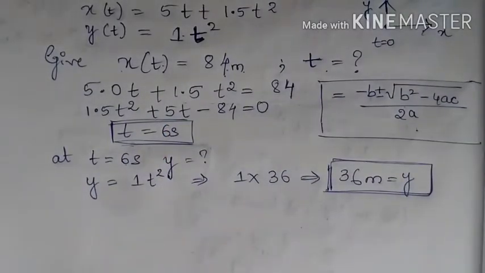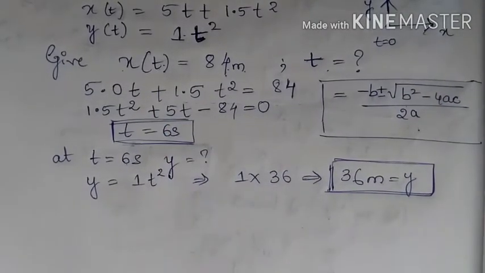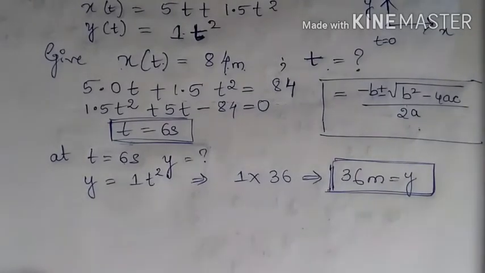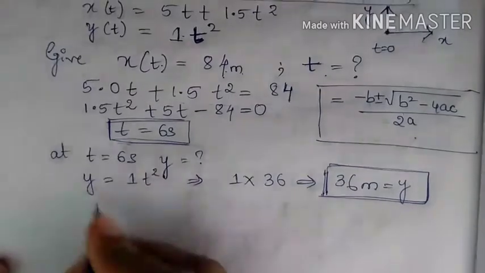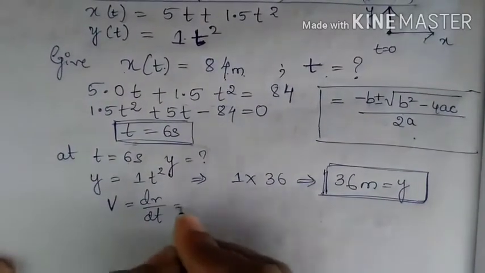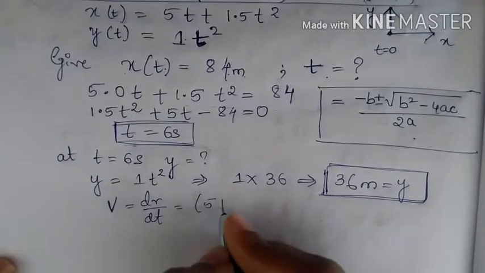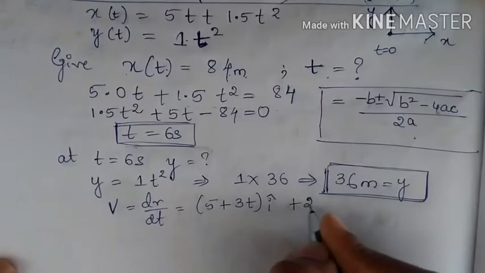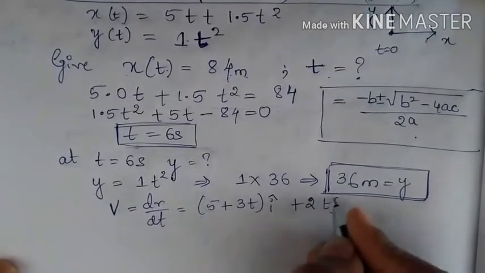Now the velocity of the particle at t is equals to 6 seconds we need to find. Velocity dr by dt can be written as (5 plus 3t) i cap plus 2t j cap.